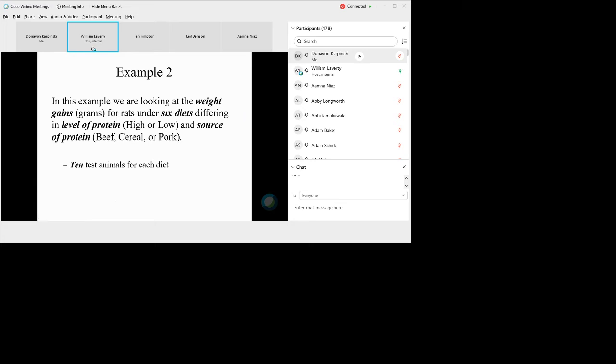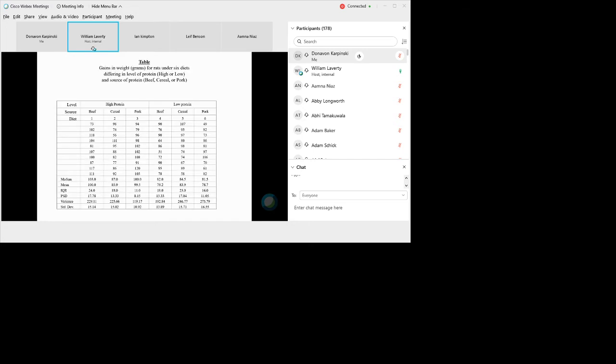Similarly, the three low protein diets were different: beef, cereal, and pork. This is the data. There were 10 observations for each diet. So these are the three high protein diets differing in source of protein. These are the three low protein diets differing in source of protein as well.